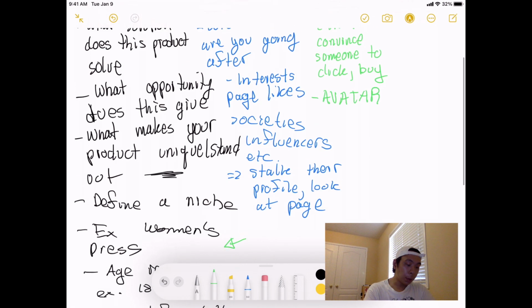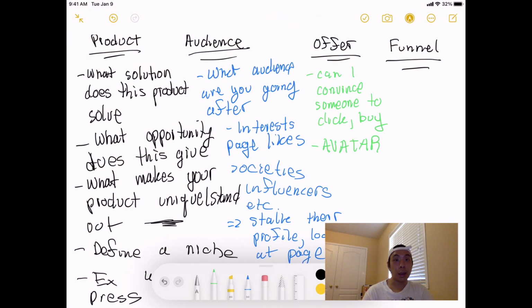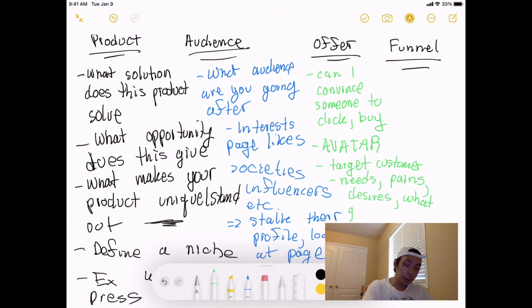So what you could do here is really define what your target customer is, and then start to define what their needs are, what their pains are, what really gets them ticking. Attention, for example. So, why is this really important?